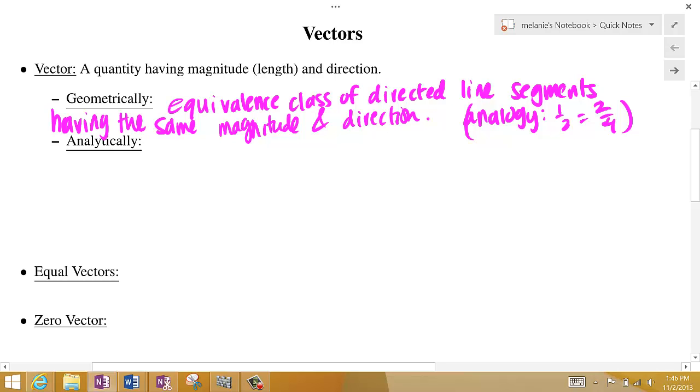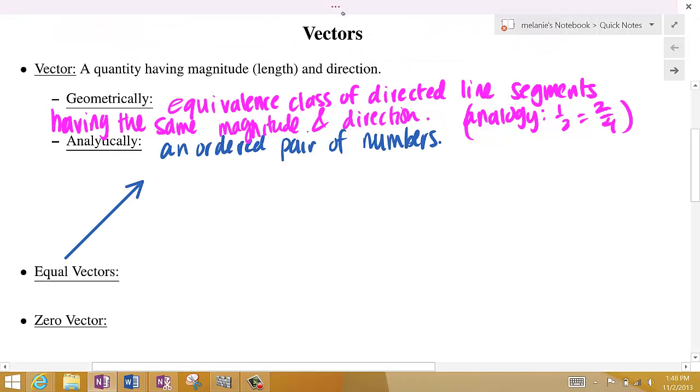Analytically, this is an ordered pair of numbers. If this is vector v, I can think of this as being like from point A to point B. I can say vector AB goes from point A to point B. I write that with a little arrow like this.